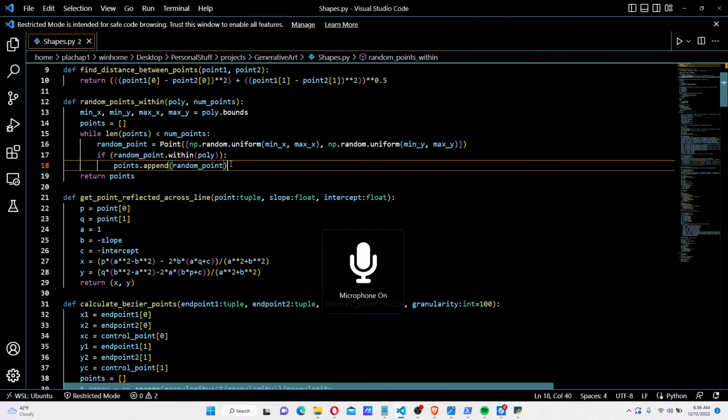Alright, so according to this, I can get a polygon. Just check if it's within the polygon. Poly.